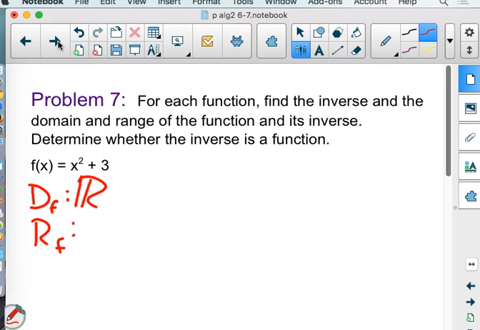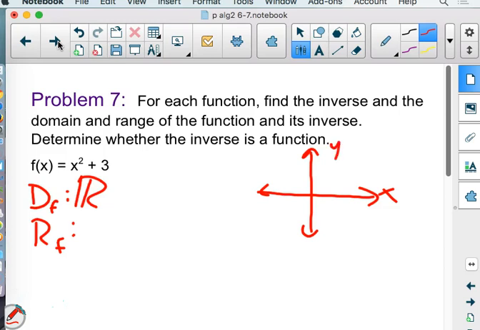But we are not going to get all reals for range with this one. Yesterday you told me what these look like. What does an x squared look like when you graph it? Yeah, so there's going to be a whole lot of y's we don't use down here. So what we have to do is either graph this with our graphing calculator or in our noggin and figure out what y values are going to be used.